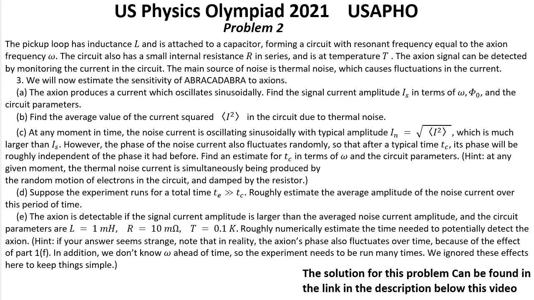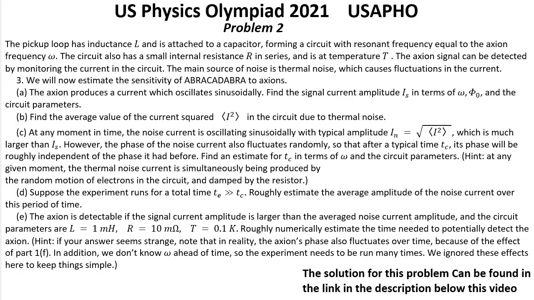Find an estimate for t_c in terms of ω and the circuit parameters. Hint: at any given moment, the thermal noise current is simultaneously being produced by the random motion of electrons in the circuit and damped by the resistor.